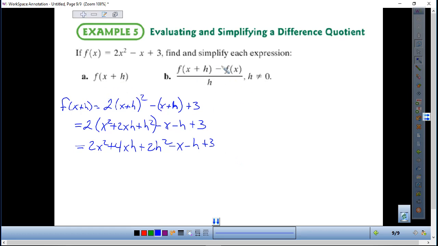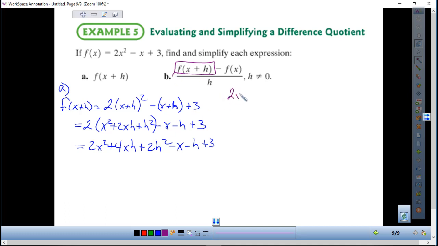And then all I want to do now is put it over here into this thing. So let me change colors here just so we don't get it confused. There was part A, just the f of x plus h. And then now I'm going to move over here, I'm going to do the whole thing. So this whole thing right here is going in place of this, because I've already found it.